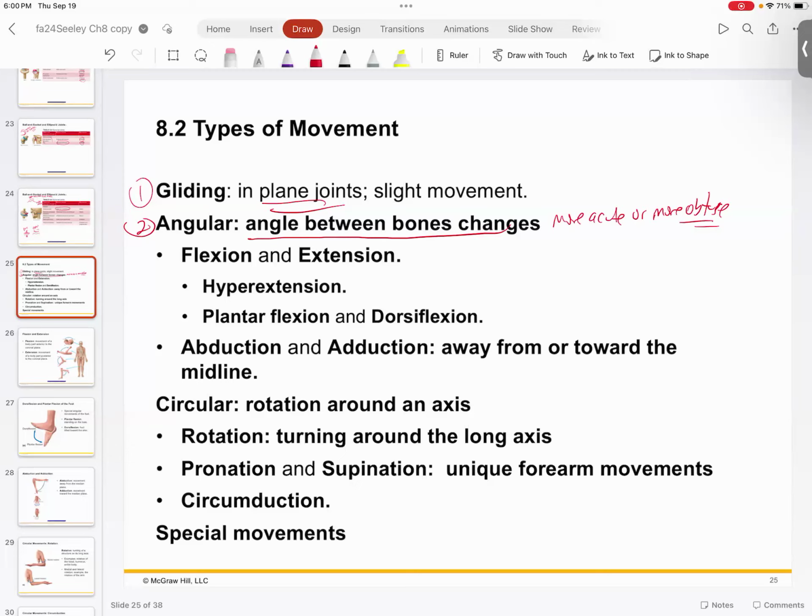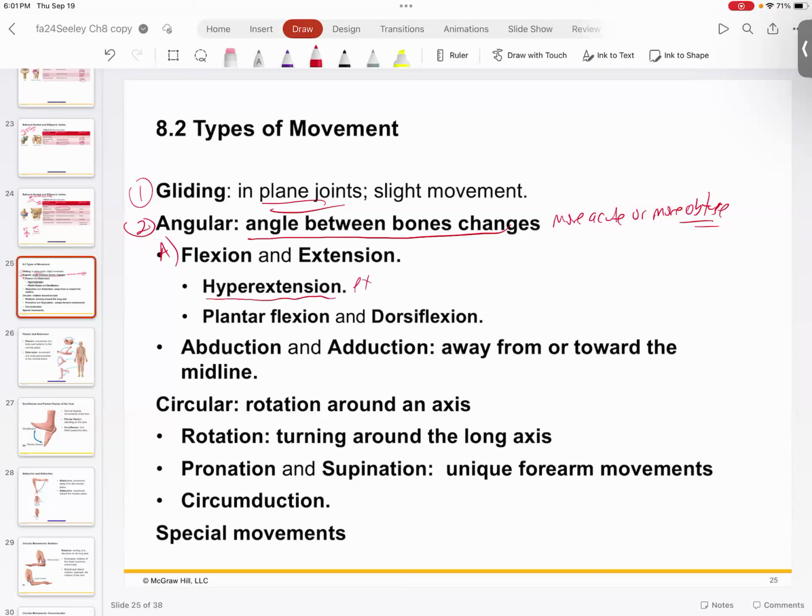The first pairing that we see is flexion versus extension. With flexion, your angle gets more acute, and extension is where it gets less acute. So you have flexion, extension, and what's called hyperextension.